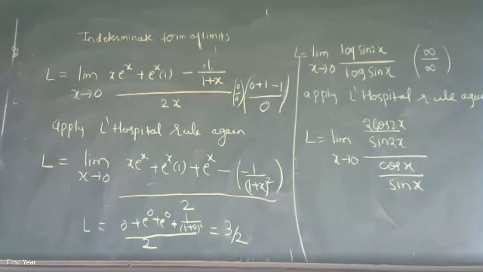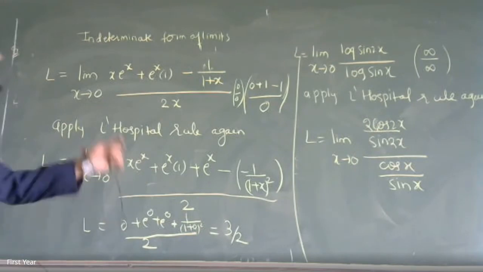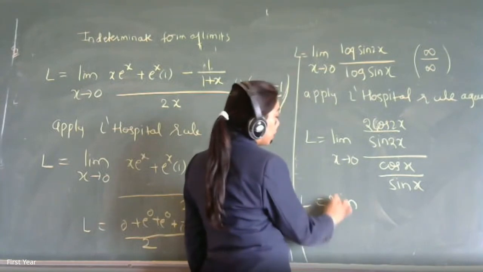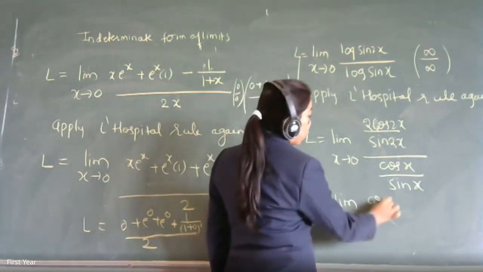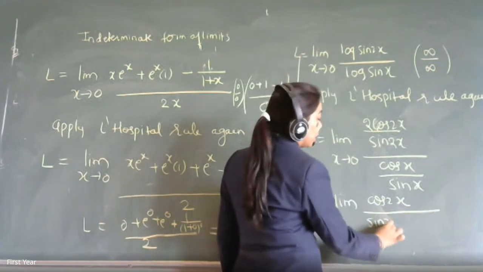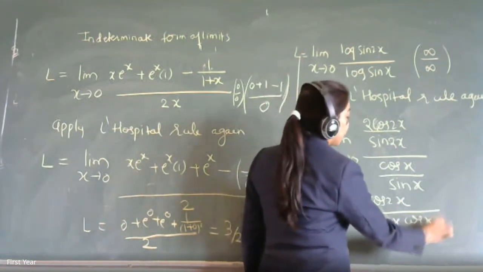It is again not defined. So what do I want to do? You can apply the same rule again, or what you can try is this: the limit, this 2 will come outside. So it is cos of x upon sin of x, into cos x into sin x.